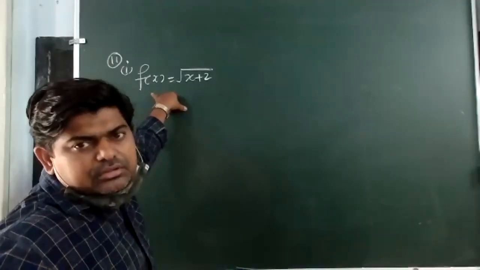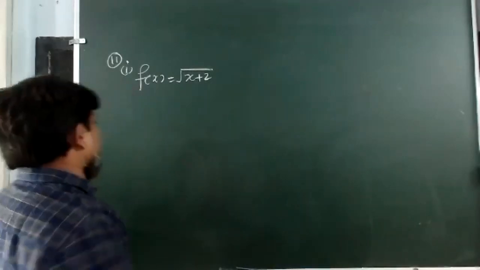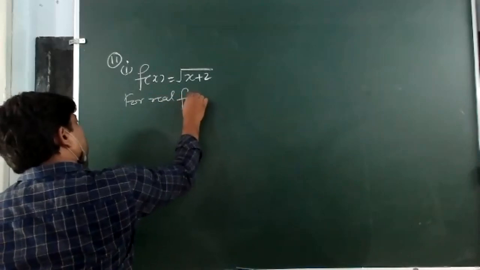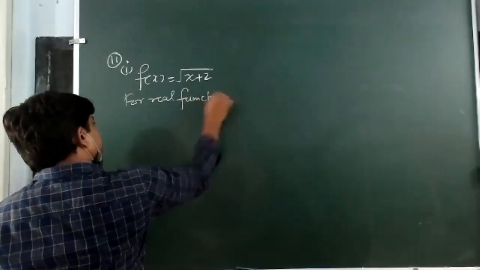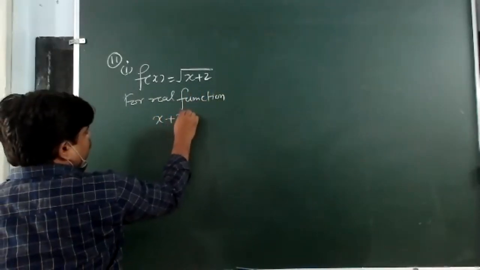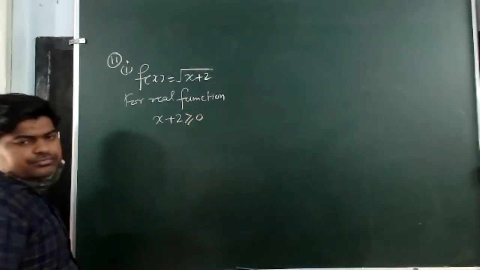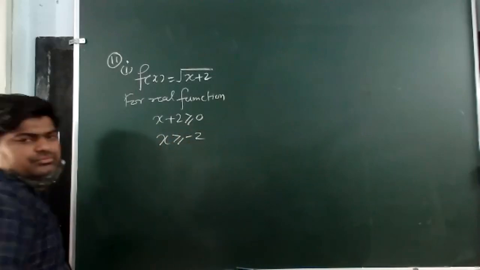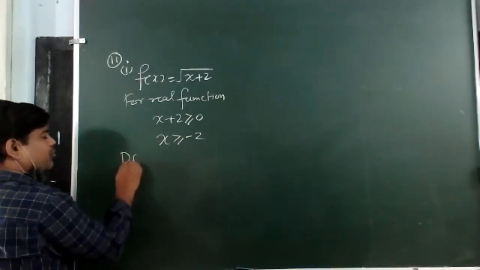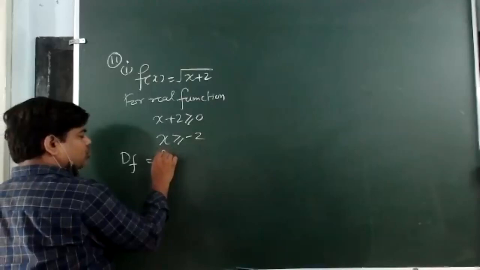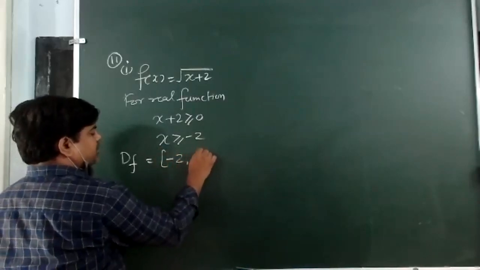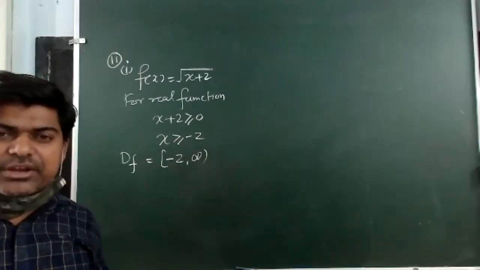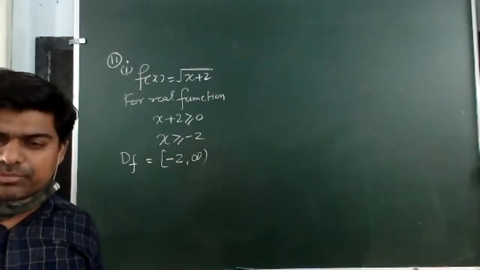Say yes or no. For a real function, x plus 2 should be greater than or equal to 0. It means x is greater than or equal to minus 2. So domain of f is equal to the closed interval [-2, infinity).